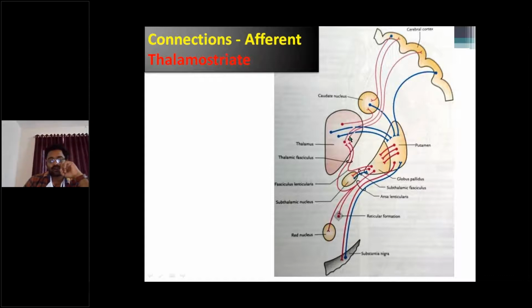So thalamostriate fibers arise from the thalamic nuclei of the thalamus, and terminate in the caudate nucleus and putamen. Thalamostriate.